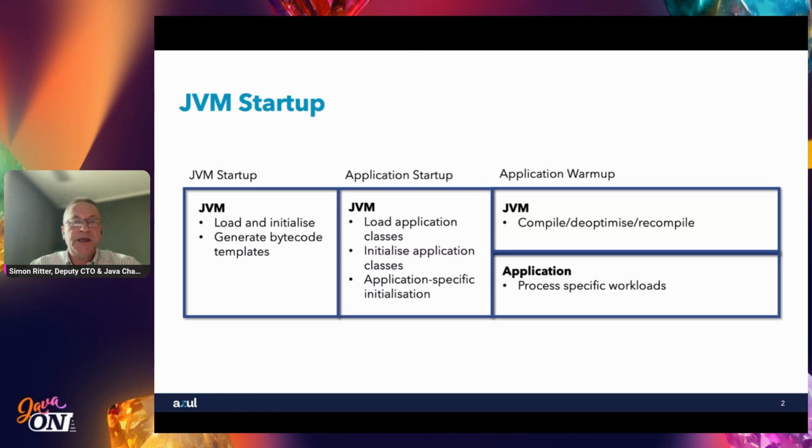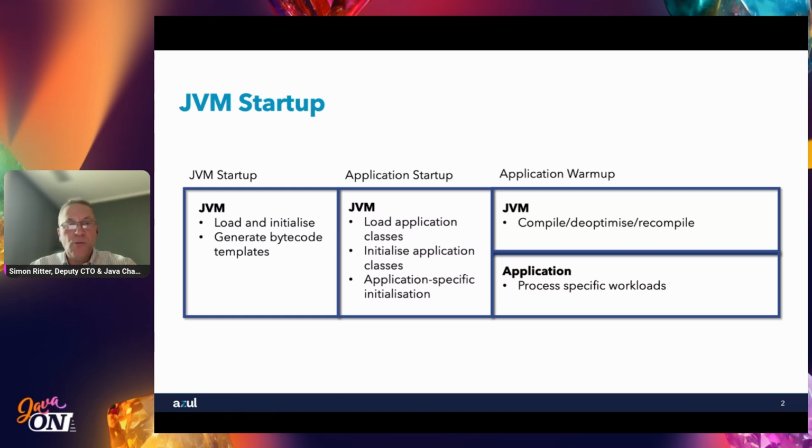Then you need to start the application code for your bytecodes. And that involves doing various things like loading the classes that you have for your application. Then you've got to load the class which has the main entry point in it. Then you need to initialize the application classes. So that's doing static initialization, calling constructors where it's necessary, and so on.